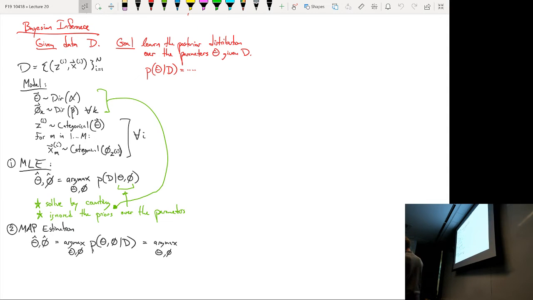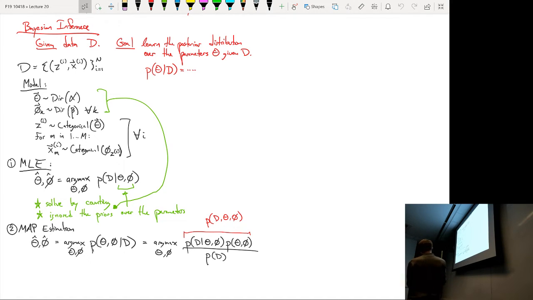Probability of D given theta and phi. Okay. Multiply with probability of theta and phi. Good. And there's going to be one more term here. So this top thing that we just wrote here, this is the joint of P of D, theta, and phi. So how do we get it to be this conditional where we're conditioning on D? Also divided by probability of D. Right.